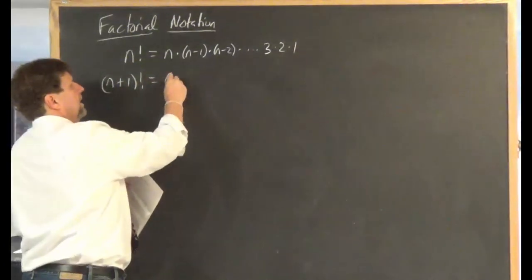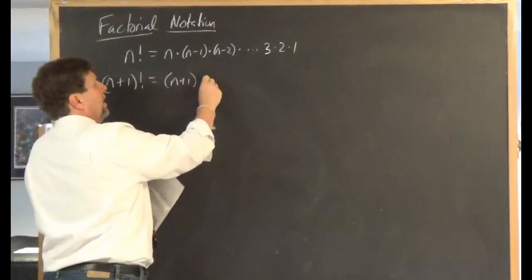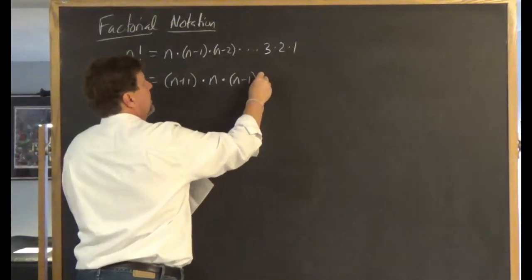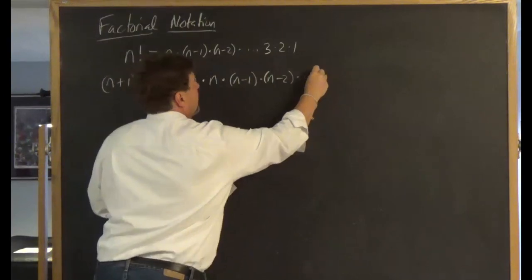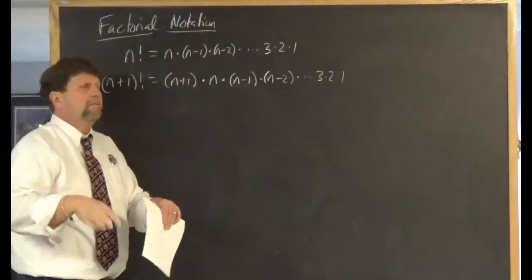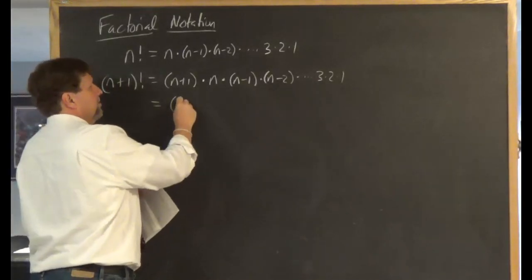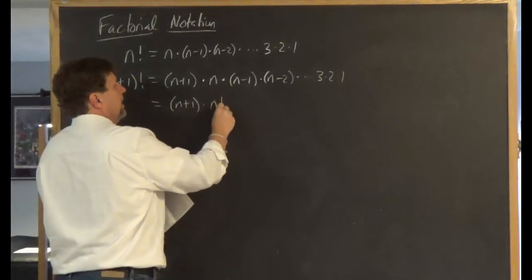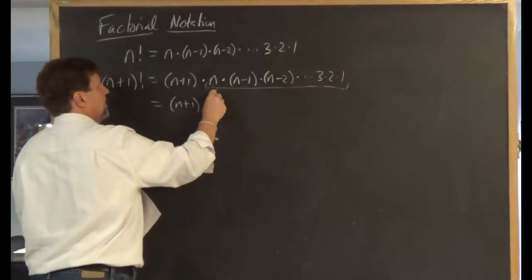It means n plus 1 times, 1 less, n times n minus 1 times n minus 2 times yada yada yada, 3 times 2 times 1. Or some people would say n plus 1 factorial simply means n plus 1 times n factorial, because that is n factorial.